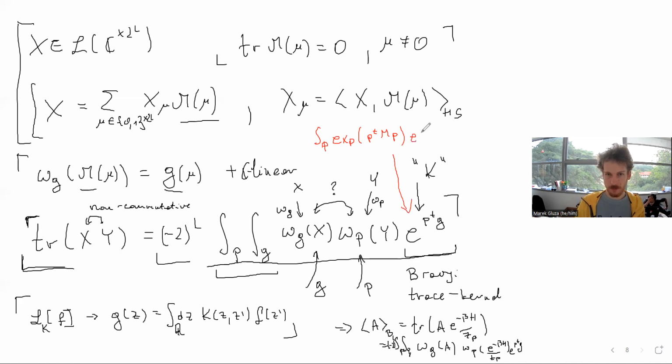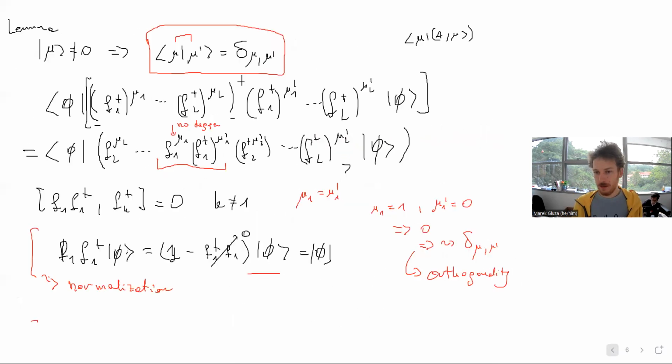For example, we can introduce here p transpose some g, and then maybe we can have exp of g transpose m bar g. That's how this kind of trace could look like. And where we will need to be headed is to ask which kind of operators under the Bravyi dictionary are, for example, Gaussian operators, because we know how to integrate Gaussian Grassmann expressions. So this is where we are headed.